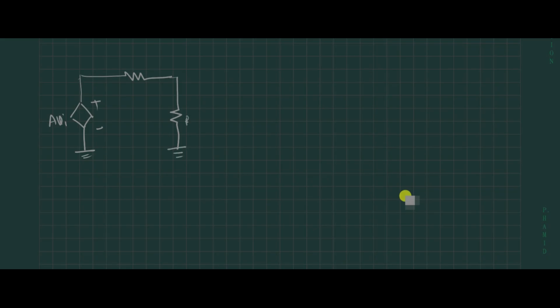With respect to this ground, let us write KVL for this. So what we'll get? V0 is equal to, we have a voltage source here, AVi is the voltage source, so it is AVi into the resistor across which we are finding, RL, so AVi RL divided by RL plus R0. What is RL?